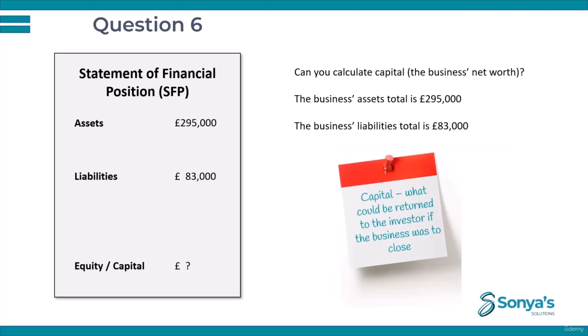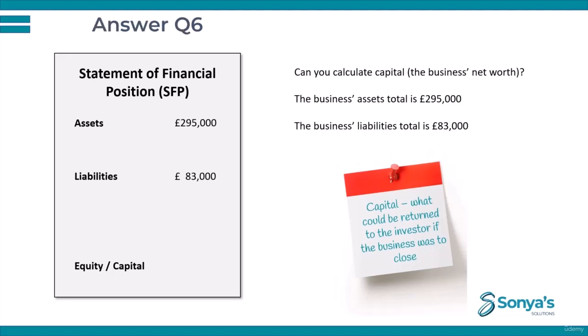Get ready to pause the video again to give yourself time to read and answer the question. To calculate the business's capital, we deduct total liabilities from total assets, just as we did when we calculated personal net worth.